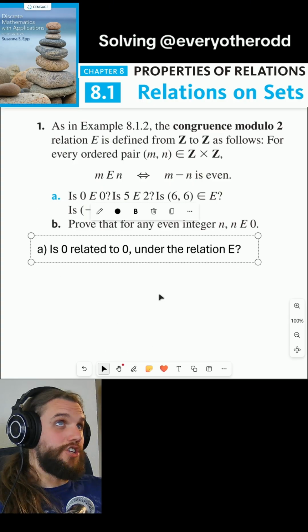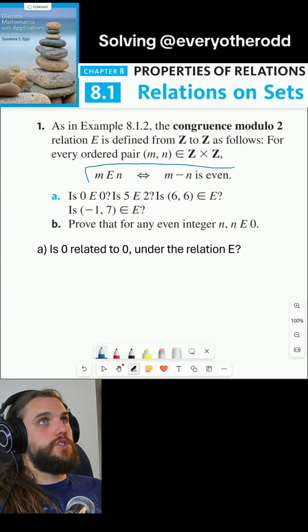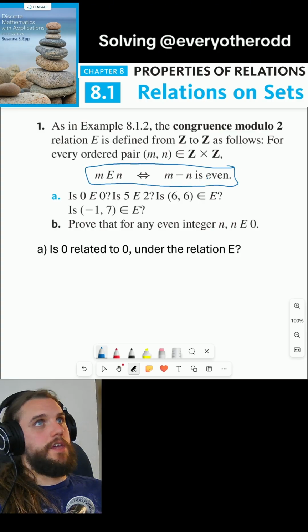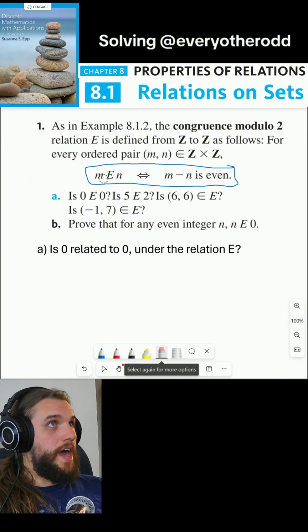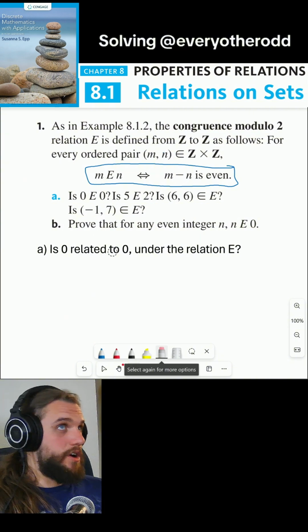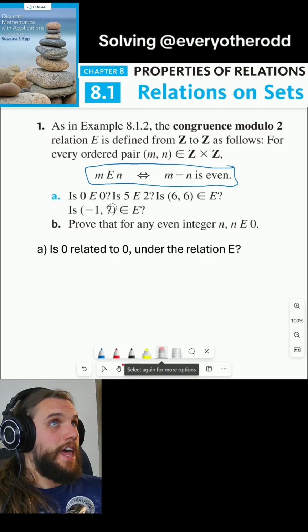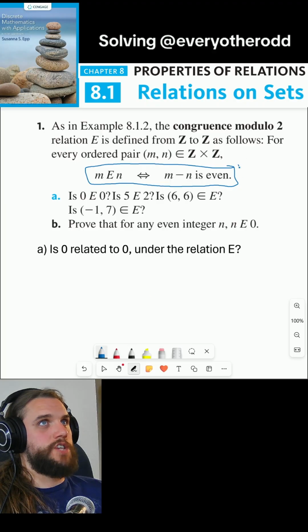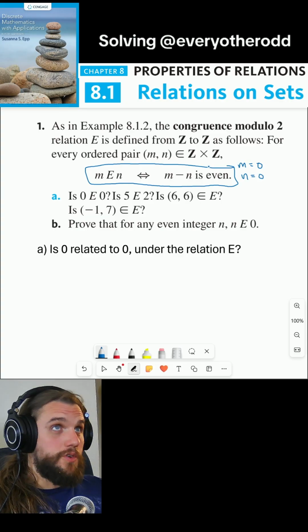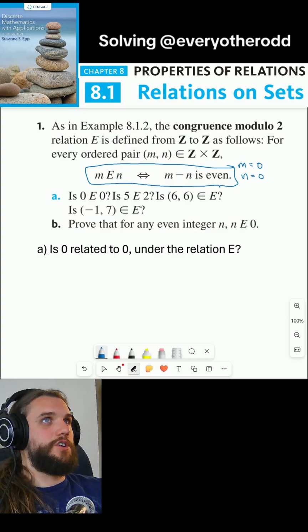Under the relation E. Now we're going to use this if and only if statement as our framework here. M is 0. That's the first element. N is 0. So we're saying M equals 0 and N equals 0. Now this is true. 0 is related to 0 if and only if 0 minus 0 is even.